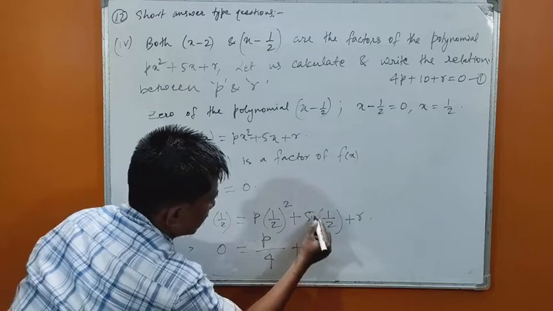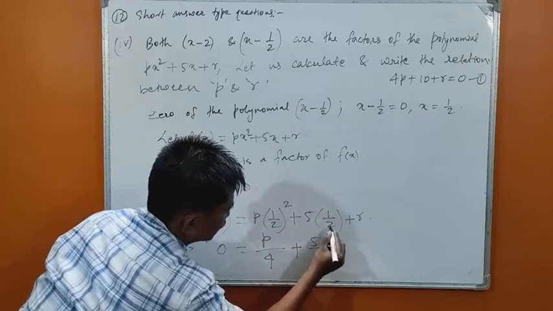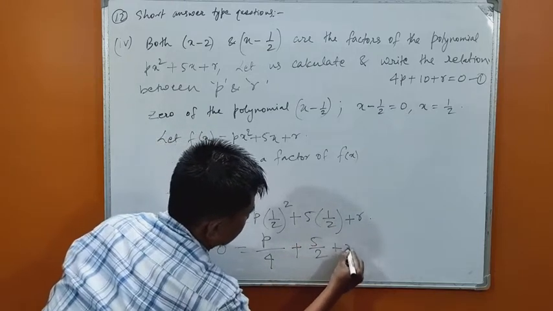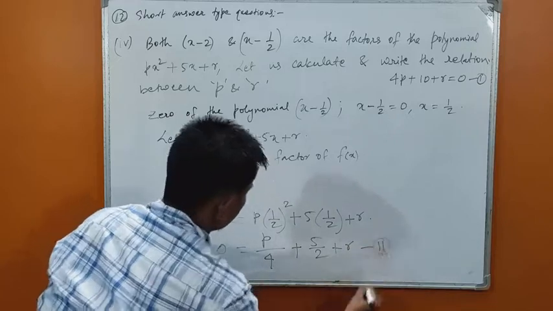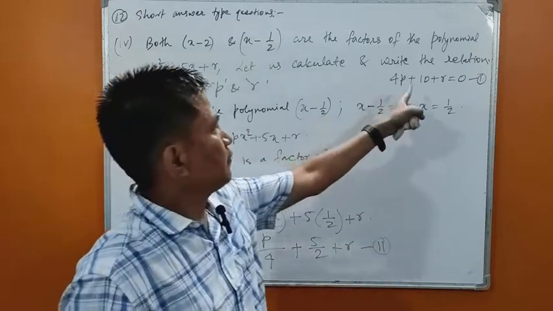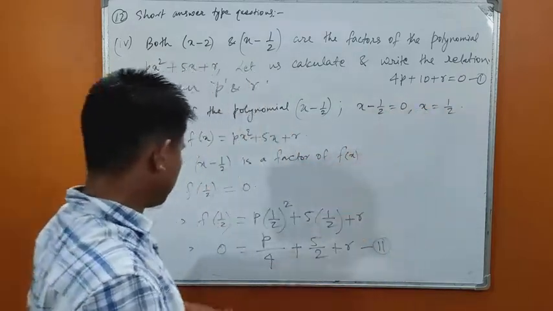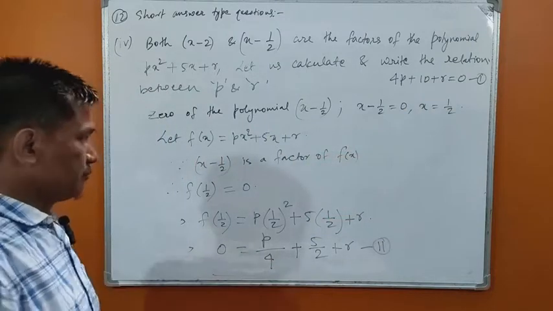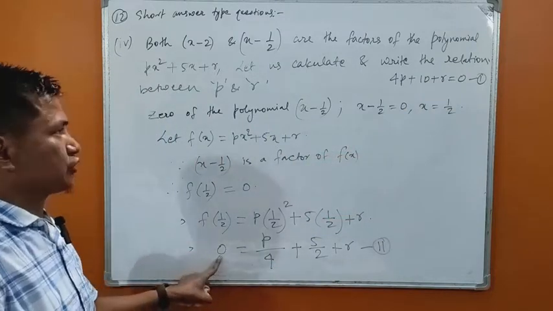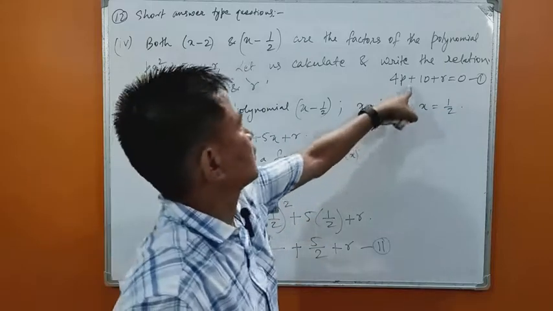Plus 5 into 1 is 5 upon 2 plus r. This is equation 2. So in equation 1 we have 0 equals to this, in equation 2 we have 0 equals to this. Both of these equations equal 0. This means this equation and this equation are also equal.